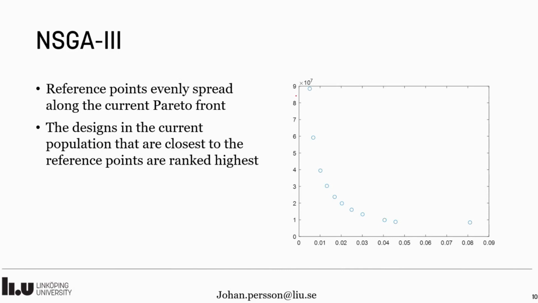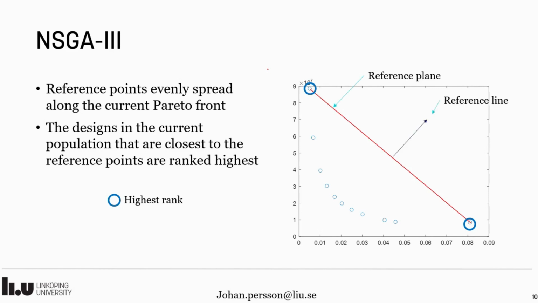Pretty cool. Yeah, so if we take this example figure, then we have these as the ones with highest ranks. They have the lowest F1 and F2 value. And then we create a reference plane between those. And from that, we can create a reference line that is normal to this plane. And then we say that, okay, we would like to have 2 reference points between our 2 best points.